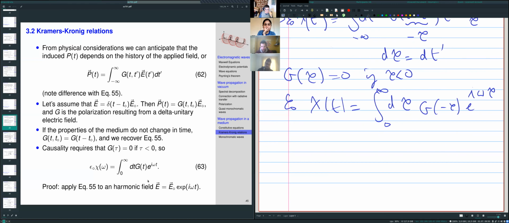But to make a long story short, we have this expression for the spectrum of the susceptibility. Maybe I've just got a typo here, and this is T. I just need to check my lectures.